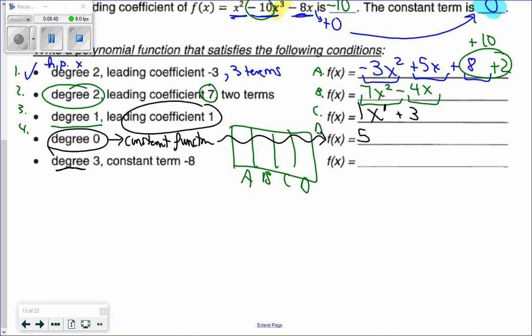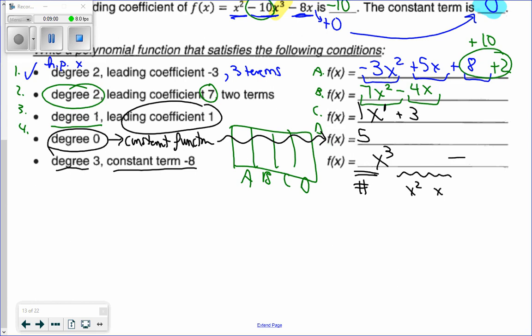Degree 3 with a constant term of -8. So degree 3. You can put any number you want there other than 0, or just leave it as a 1. And then you can put anything in the middle if you want, so you could put x squared terms and x terms if you wanted.